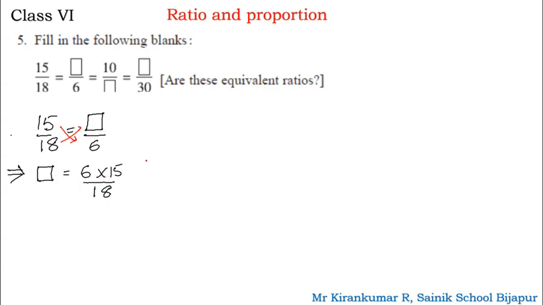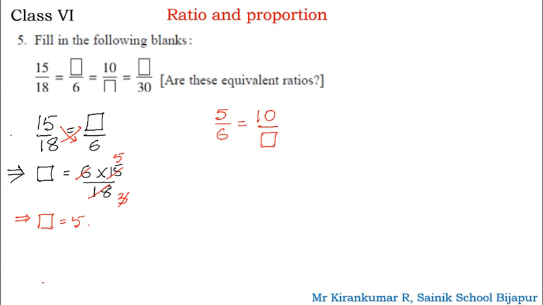Now, if you observe, 6 3 times is 18, 3 5 times is 15. We get this first missing one as 5. Now, let me take this along with the next one, that is 5 by 6 equal to 10 by the missing box.